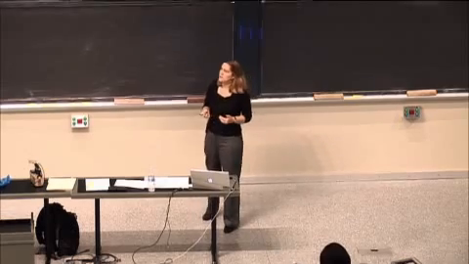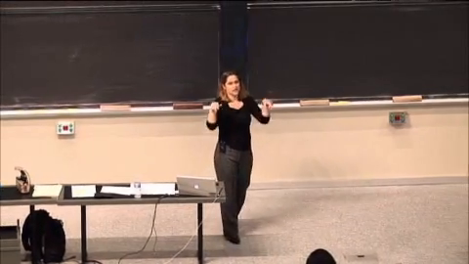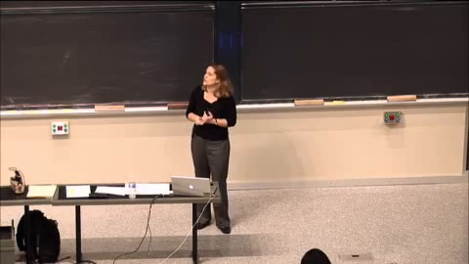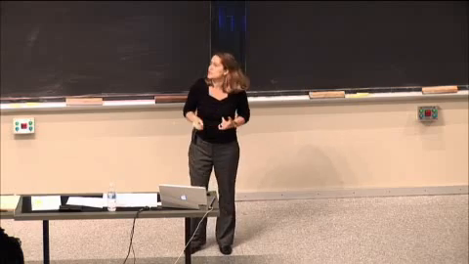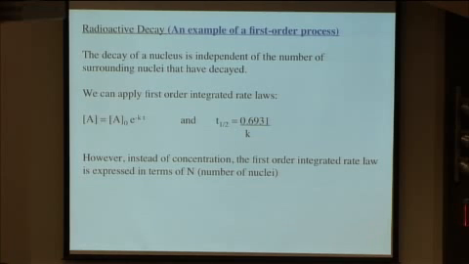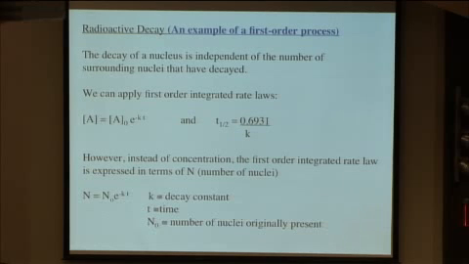We can use those same equations, but often you don't see them in terms of concentration of A. You usually see these expressions in terms of either the number of nuclei, or a different A, which is A for activity. So instead of concentration, we're talking about the number of nuclei, or capital N. We can write the same expression: number of nuclei equals the original number of nuclei times e to the minus kt, where k is our rate constant, or in this case, decay constant, and t is time.